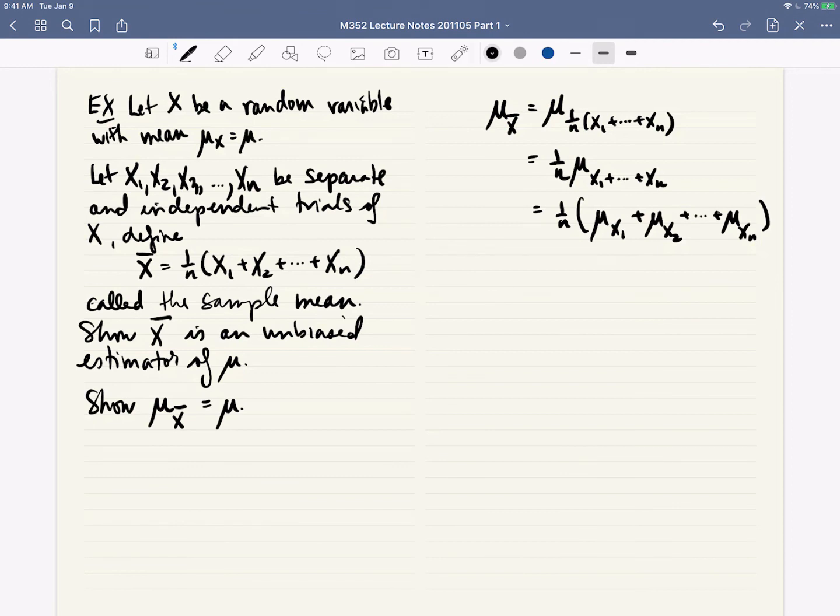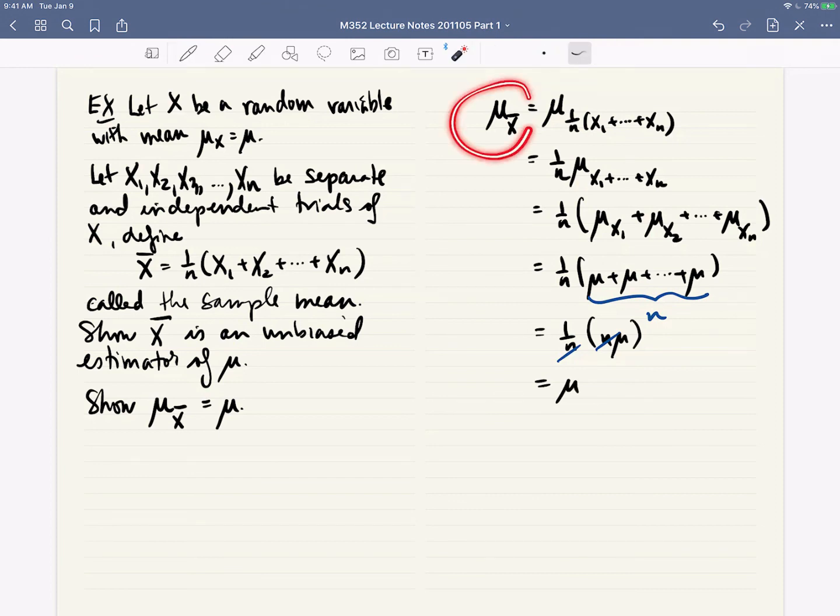All those random variables are a copy of x, so they all have mean mu. There's n copies of mu in this sum, so I can rewrite that as n times mu, and then those n's cancel, and there we go. I just showed the expected value of x bar is actually mu.